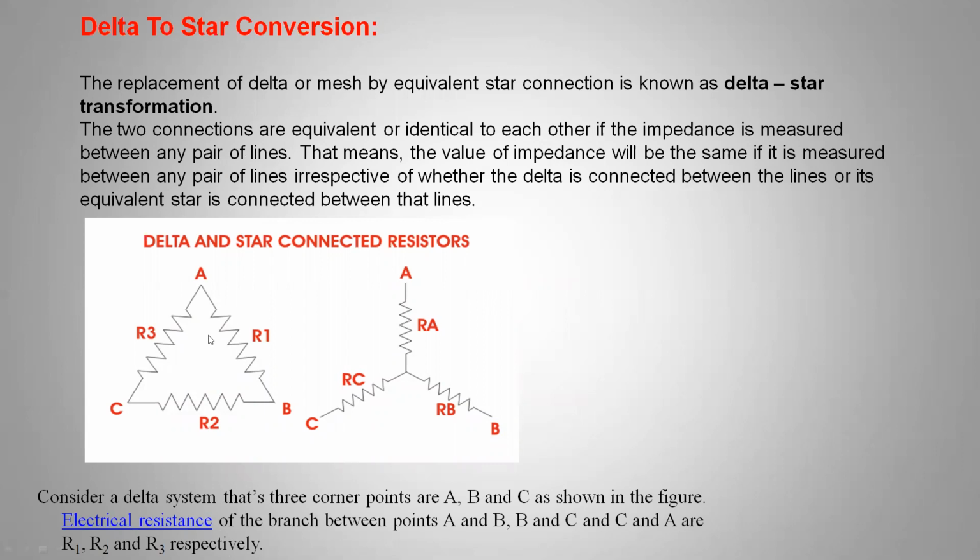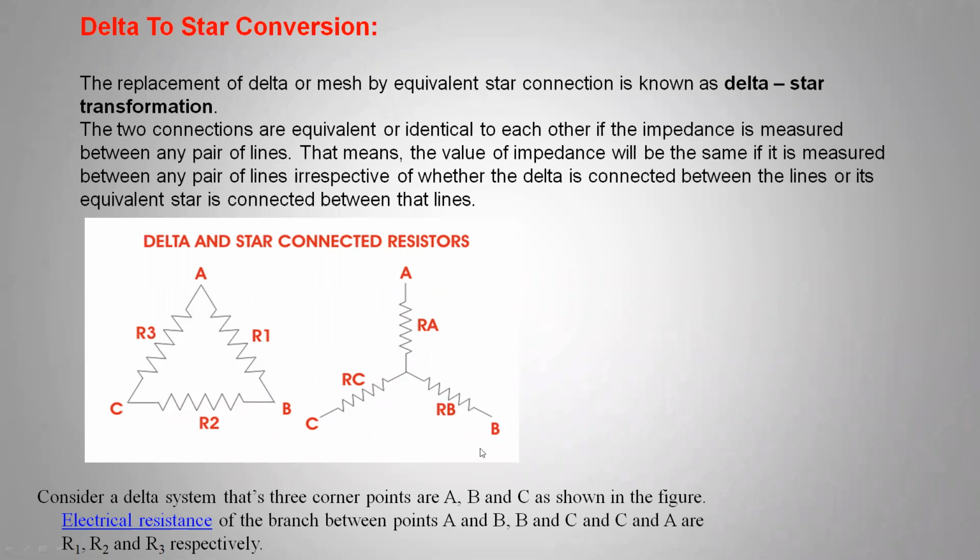This is the delta connection, and the delta is converted into a star connection with three points A, B, C. The resistance RAB between points A and B is RA plus RB. These two are connected in series. All of you clear?